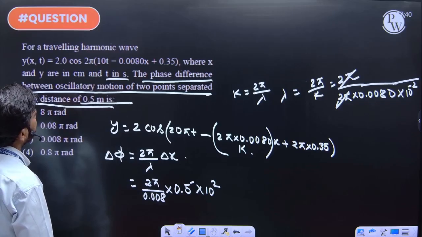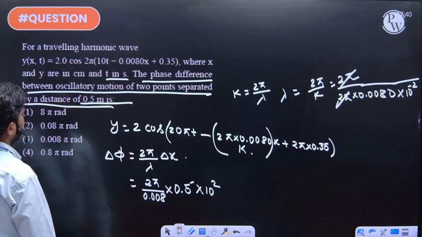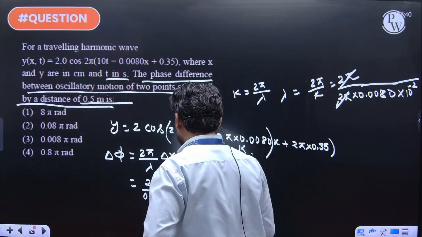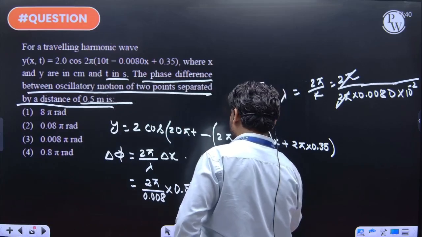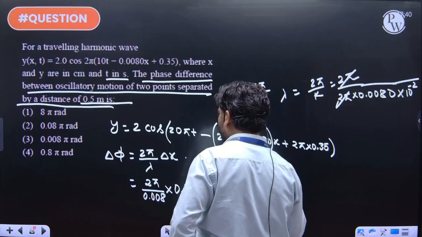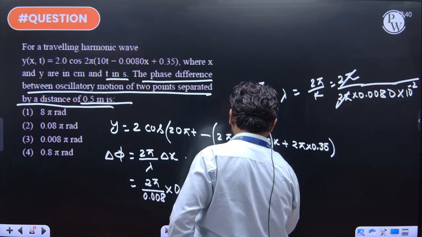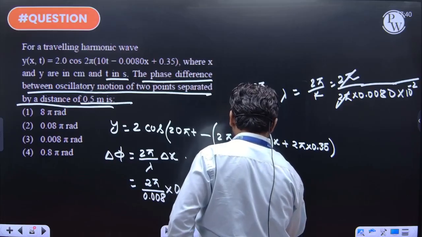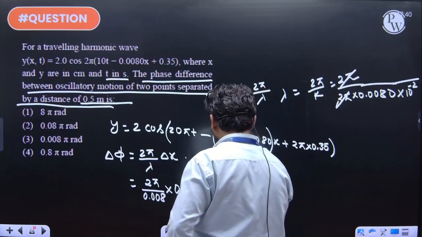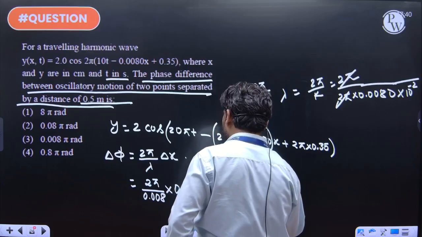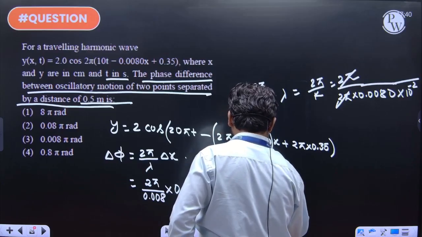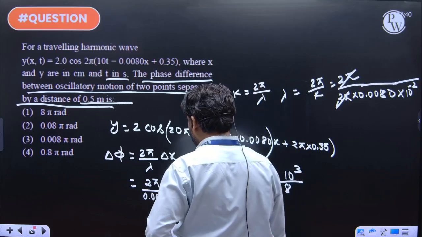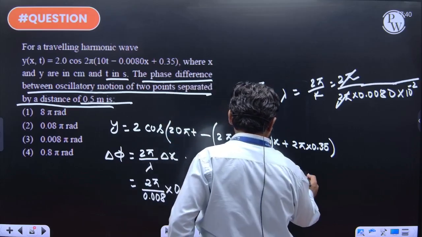Y in centimeter, t in second, the phase difference for 0.5 meter. So 2π, Δφ. How much will you get? Δφ is equal to 2π, 2 into 0.5 is 1, 1 divided by 8 into 10 power 3, into 10 power 2.